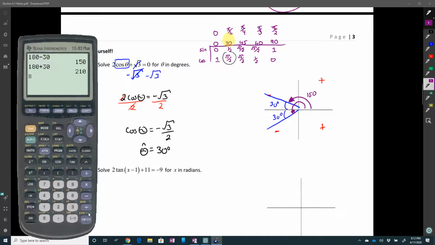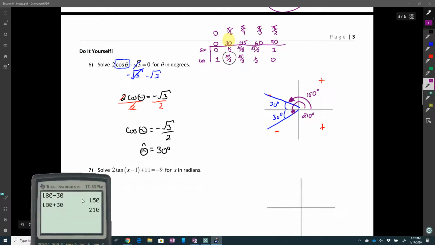And so that's 210. So those are my 2 degrees, and it's every rotation for that. So my answer would be theta equals 150 degrees plus 360k and 210 degrees plus 360k.